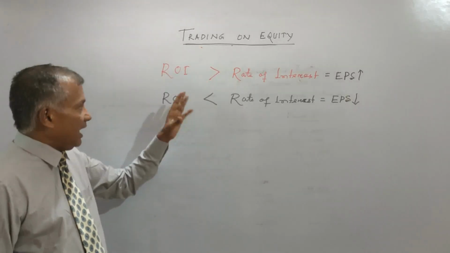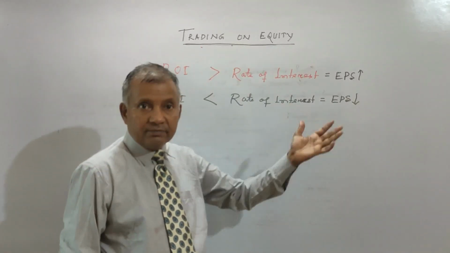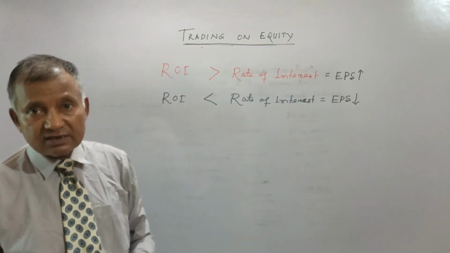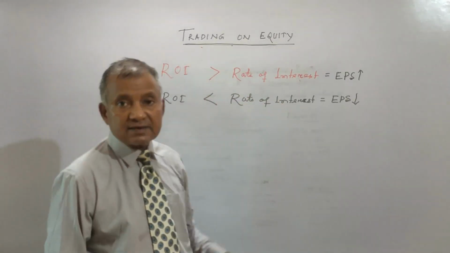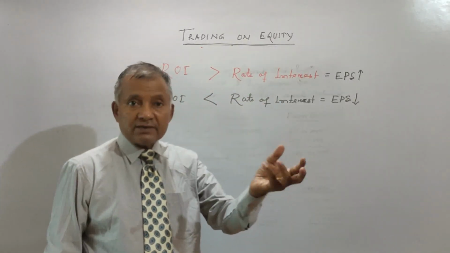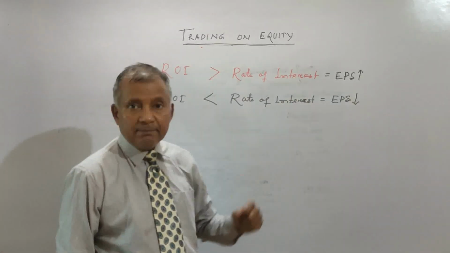Similarly, if ROI is less than the rate of interest, it results in a loss. Suppose the ROI is 6%: on a 100 rupees investment, 6 rupees return. The rate of interest is 10%.